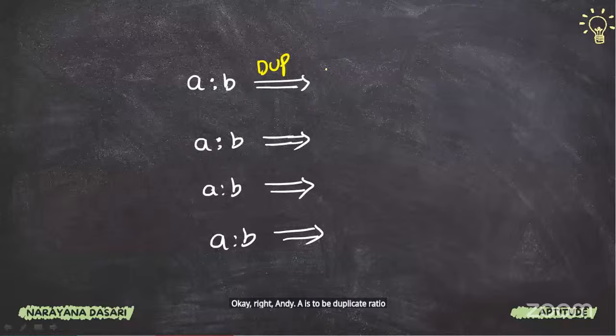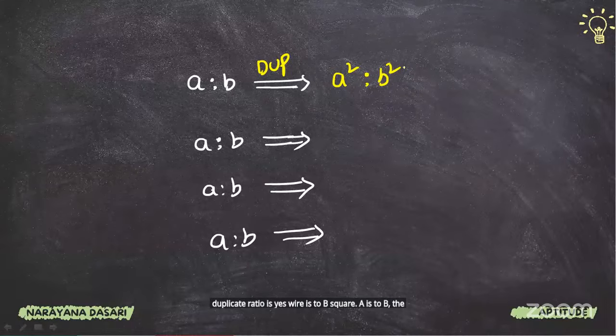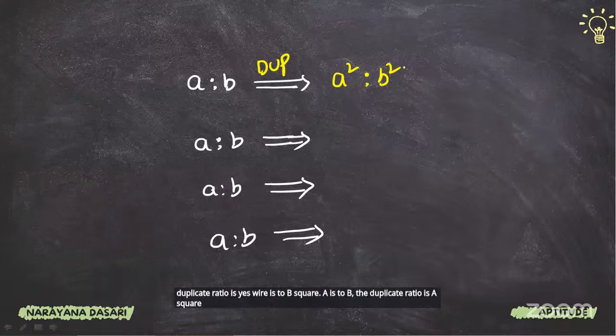A is to B duplicate ratio is A square is to B square.